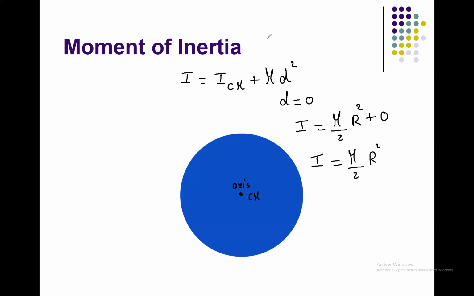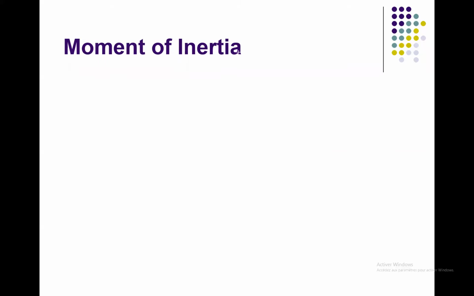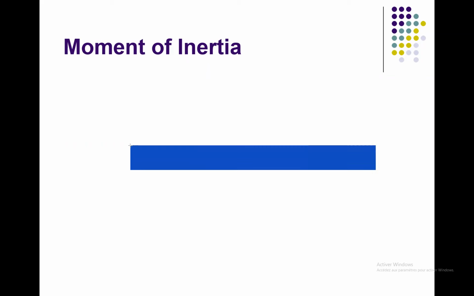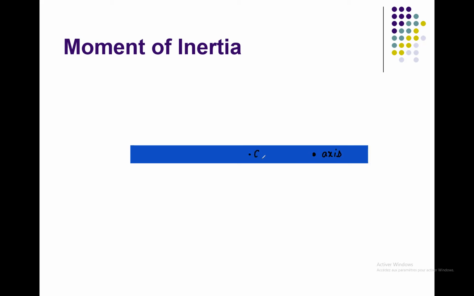Let's take another example. If we take a rod, for example, this one, the axis is at this point. Here we have the axis. And you know the center of mass of this rod is at the midpoint. So the moment of inertia of this one equals I of the center of mass plus m d square. d is the distance between the center of mass and the axis.